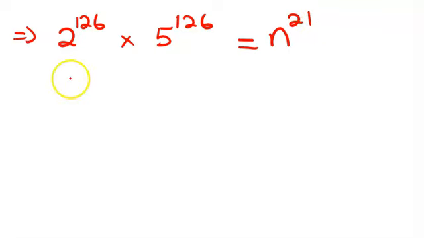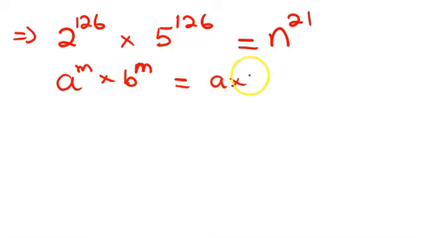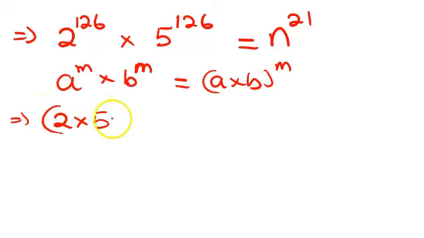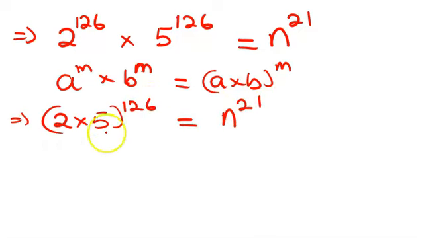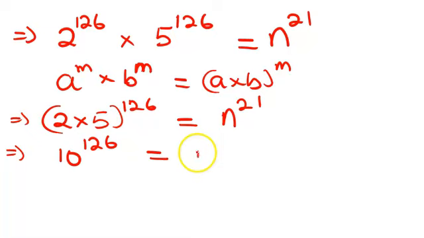Now, if you have a raised to the power m times b raised to the power m, this is the same as a times b all raised to the power m. So this implies that 2 times 5, all raised to the power 126, is equal to n raised to the power 21. Now 2 times 5 is 10, so 10 raised to the power 126 is equal to n raised to the power 21.